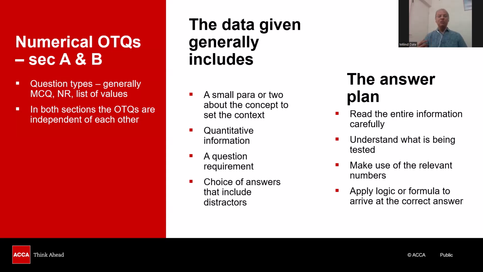Students generally are found to immediately jump on numbers without reading the information or without reading what is getting tested. Once you identify the relevant numbers, then apply your logic about calculations or make use of a relevant formula to arrive at the correct answer.